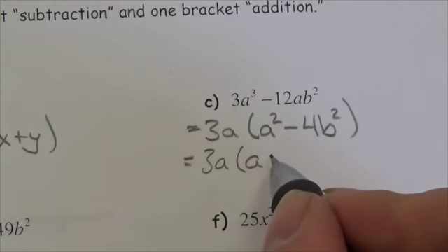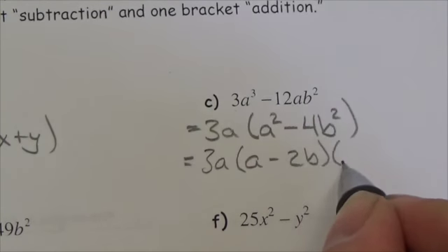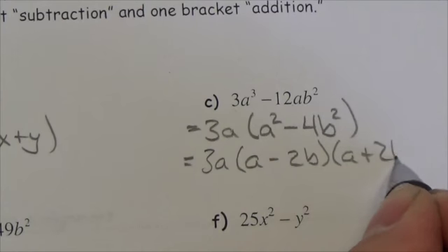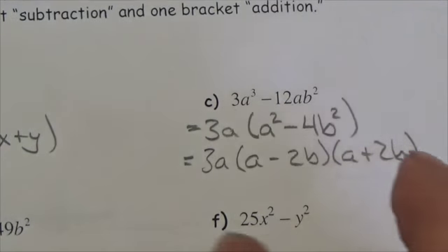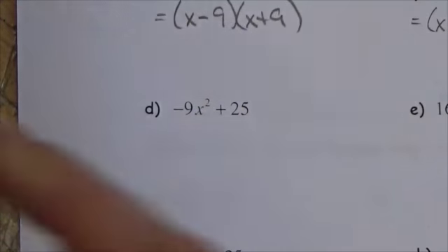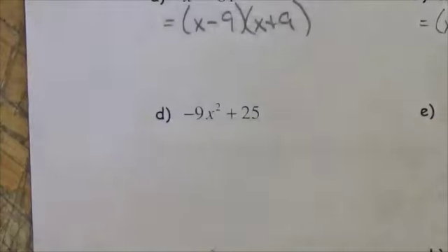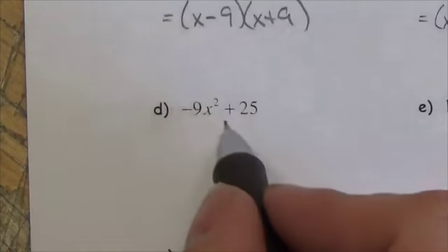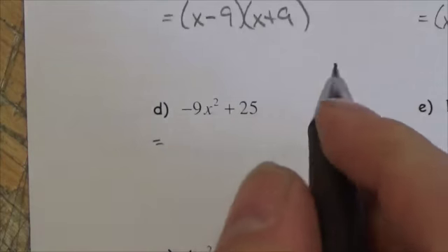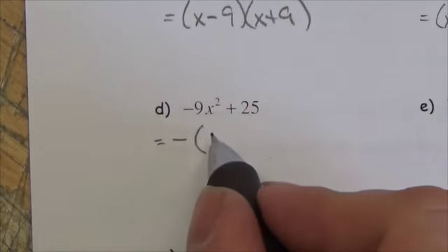This is going to become a minus, well, the square root of 4b squared will be 2b, and then a plus 2b. There we go. Down here, okay, here's a good example of a question. This is a difference of squares because one of the terms is squared, one of them isn't. But I'm going to pull out a negative, just to make the pattern here a little bit easier to look at.